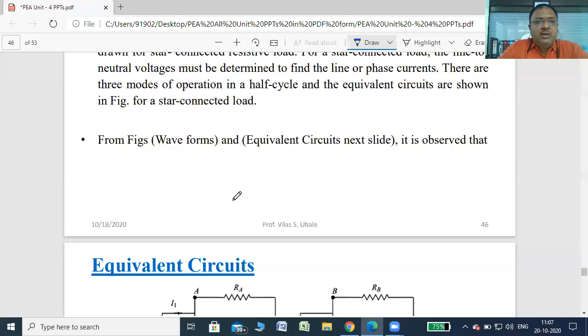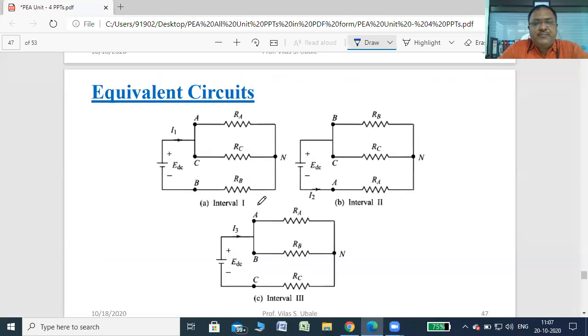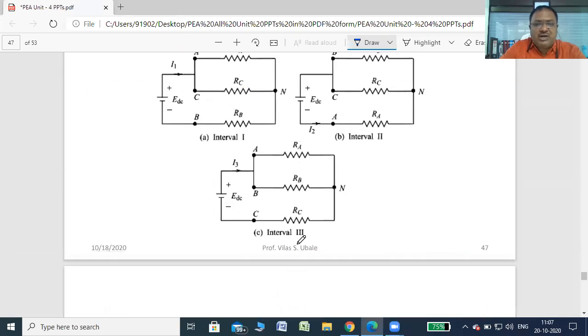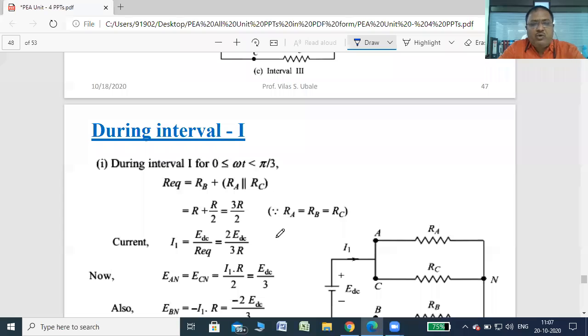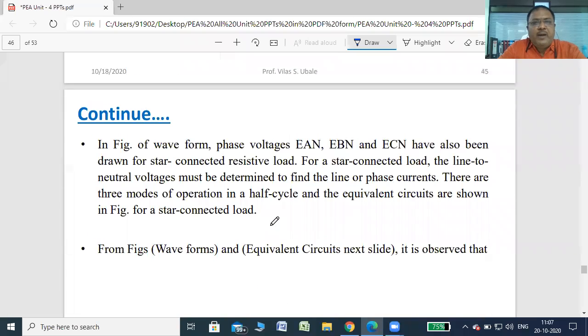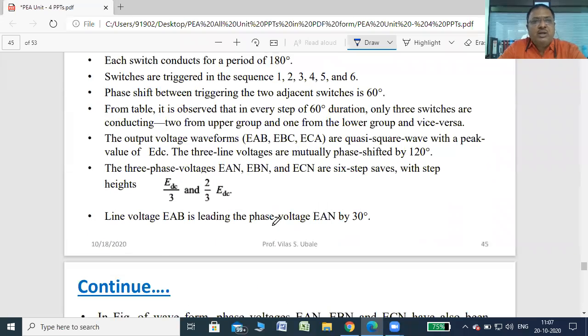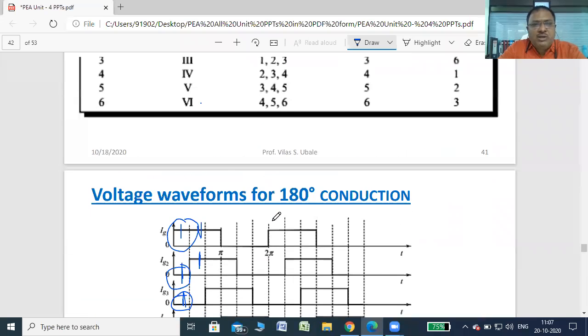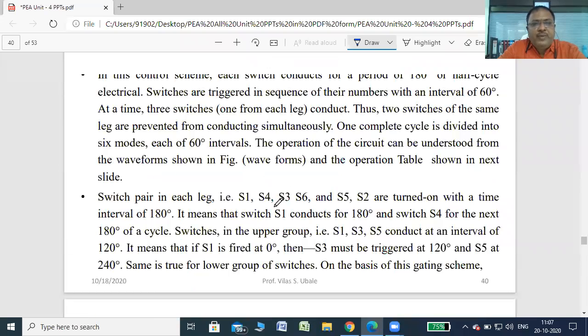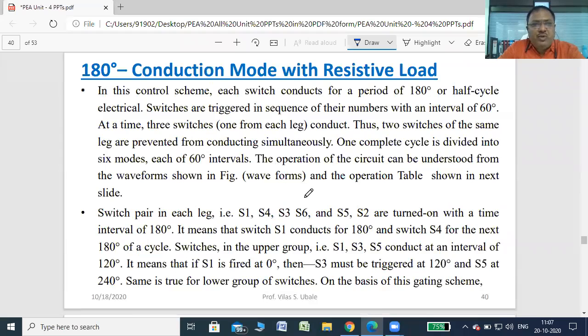This is the equivalent circuit, right? In interval first, what happens exactly and how the voltage levels are found out, that we have to show here. That is EDC, EDC by 2, and so on. This is the theoretical part for your reference.